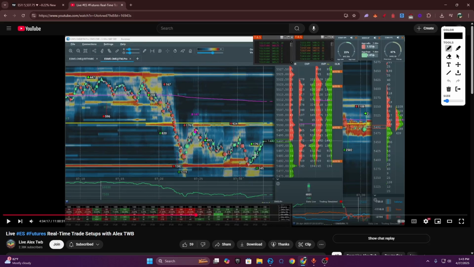In simple terms, think of it when a buyer is coming into the market but is unable to push price higher, or when a large selling volume is coming into the market but is unable to push price lower. This is showing us that all that buy or sell volume is getting absorbed and that price may potentially reverse at that level.